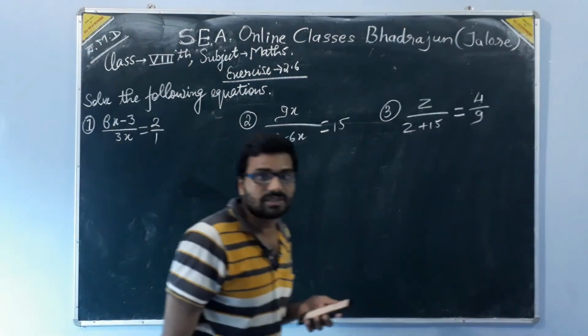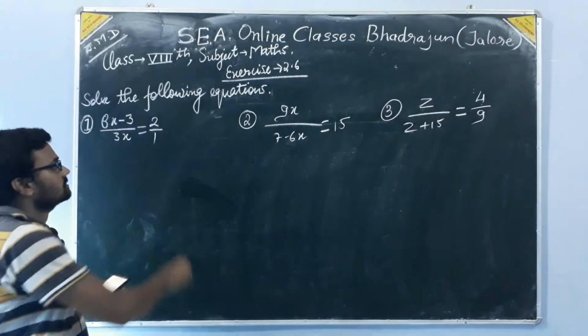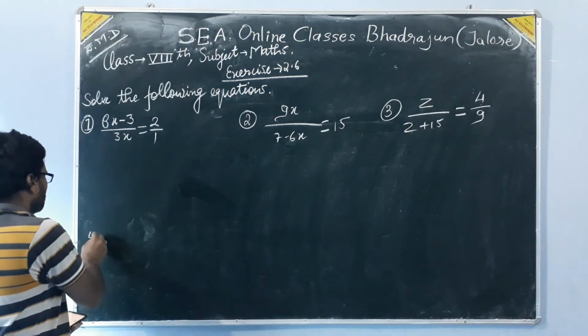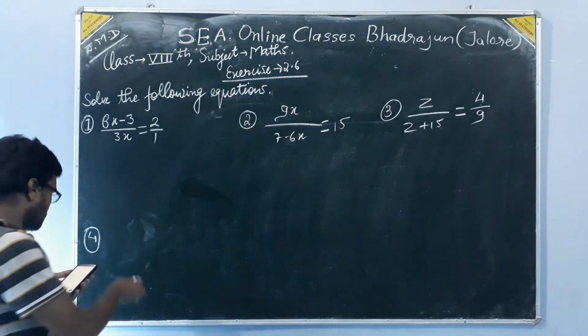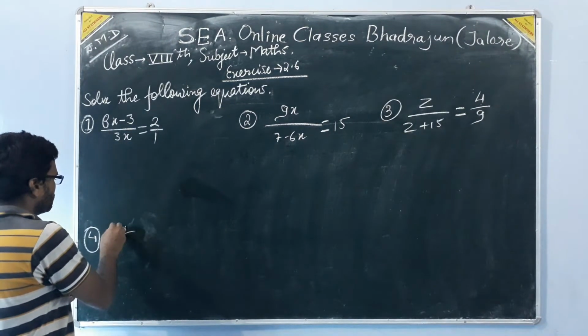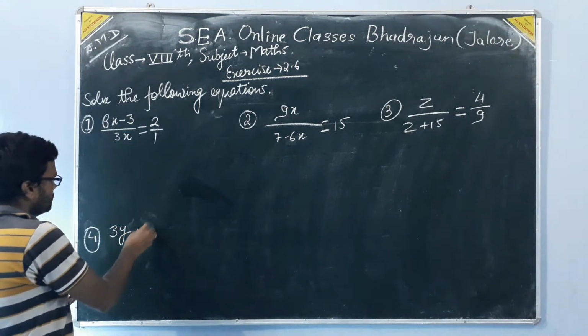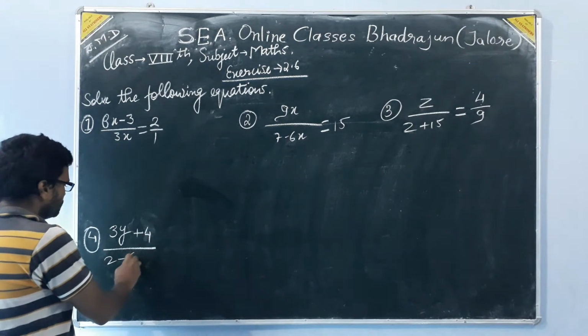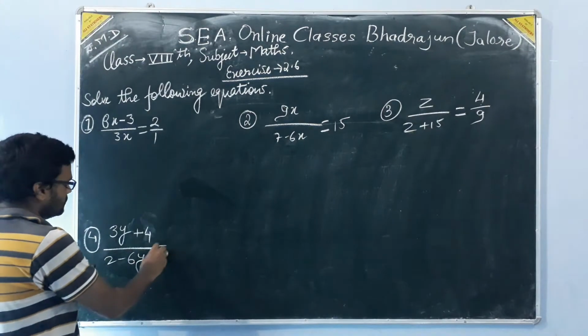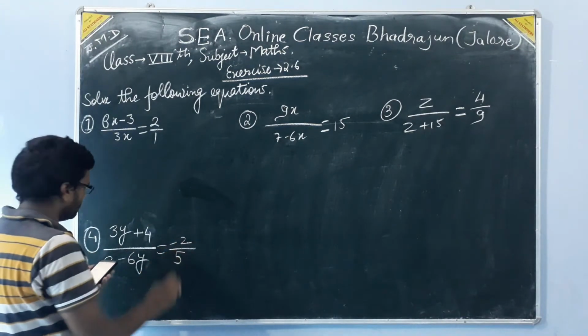And our fourth one is (3y plus 4) upon (2 minus 6y) equals minus 2 upon 5.